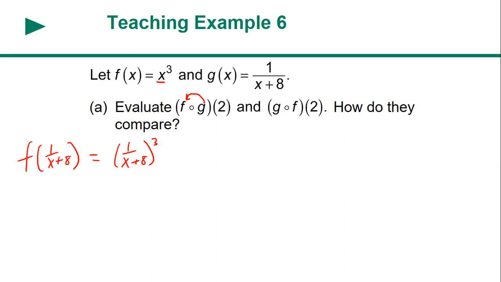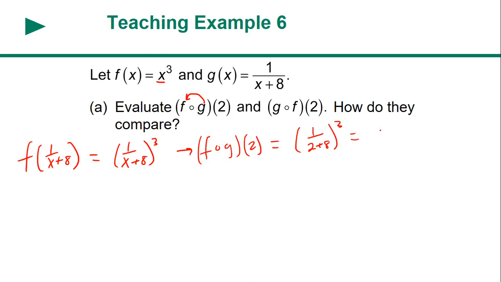Okay, then it wants you to evaluate at 2. So if I'm evaluating f composed of g at 2, that means everywhere there's an x, I'm plugging in a 2. So it becomes 1 over 2 plus 8, to the third.